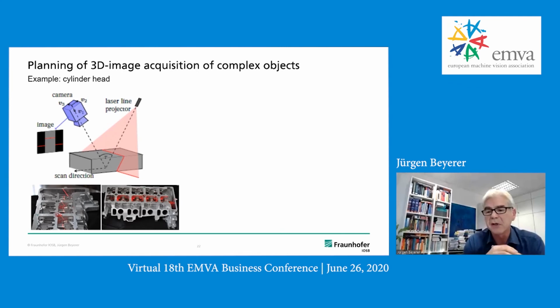And the question is how to place the laser, how to place the cameras, maybe in several acquisition rounds, to get with a minimal number of acquisitions a maximal coverage of the object with the required measurement uncertainty.